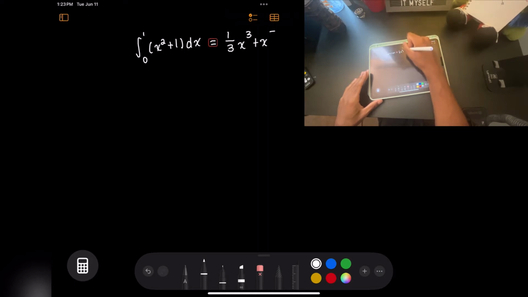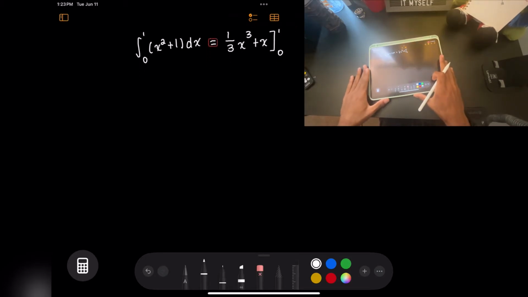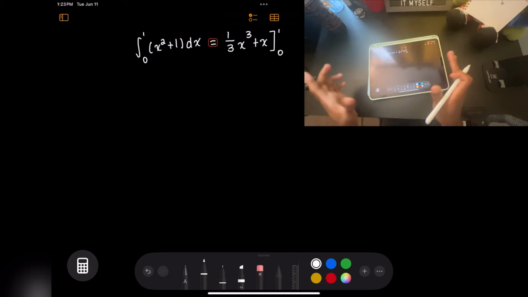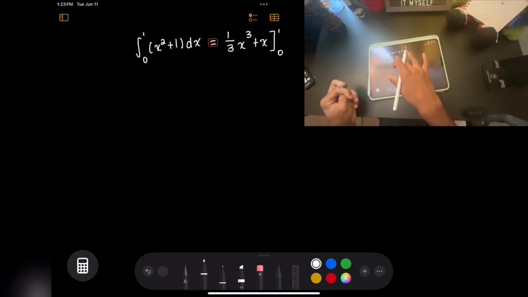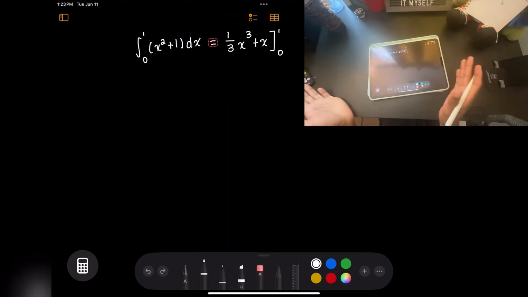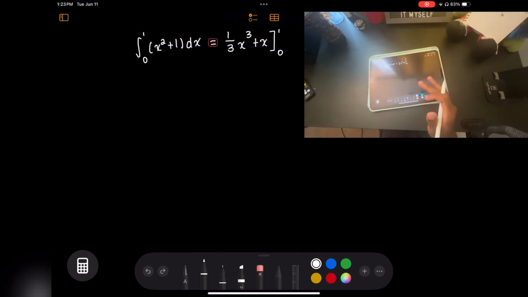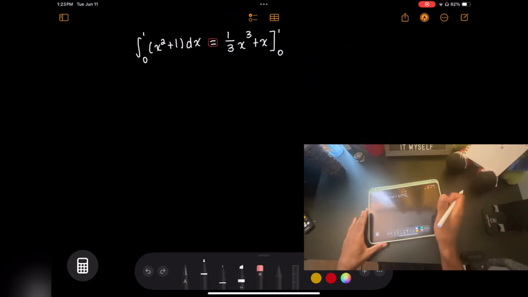And we're going to evaluate that from 1 to 0. You see this red dotted line across the equal sign. It means Apple's AI does not recognize these two expressions as being equal, so it's just like an error. Basically it's saying it can't validate or invalidate my work, but of course this is true.